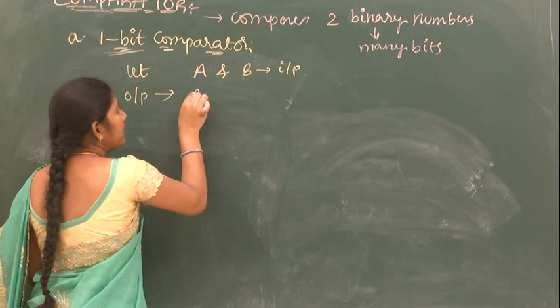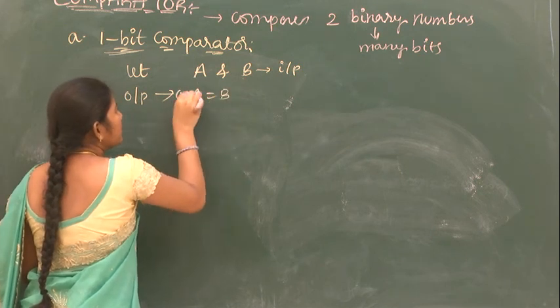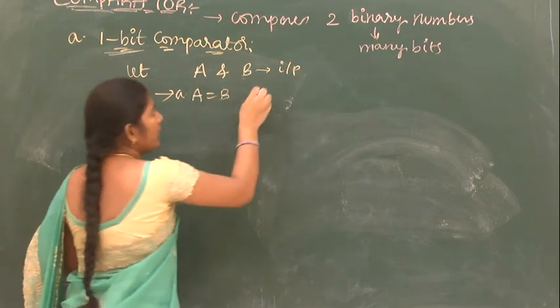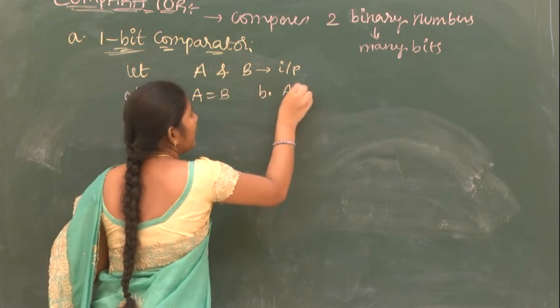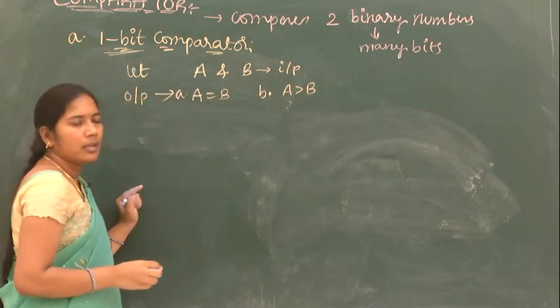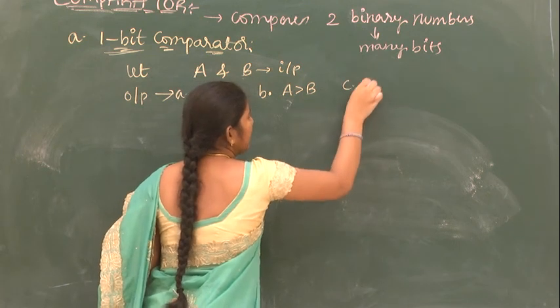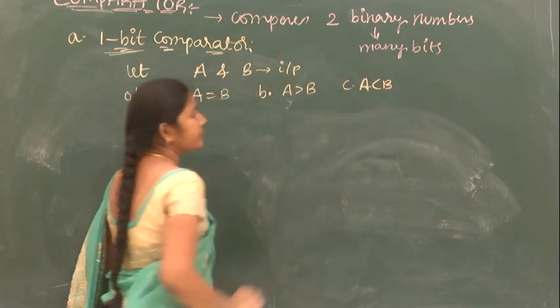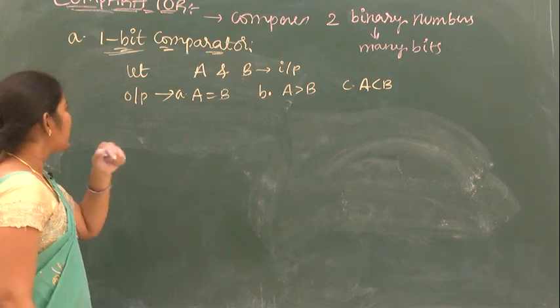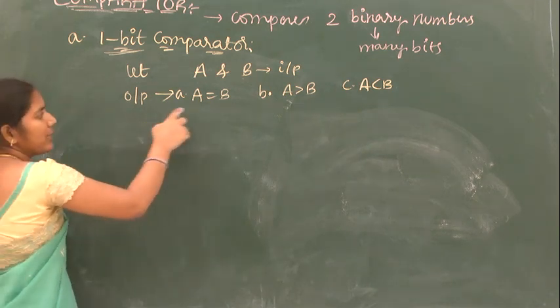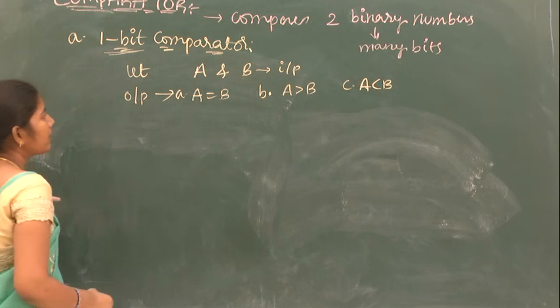These two numbers may be equal. That is the first possibility. The second output is A may be greater than B. And the third output is A may be less than B.